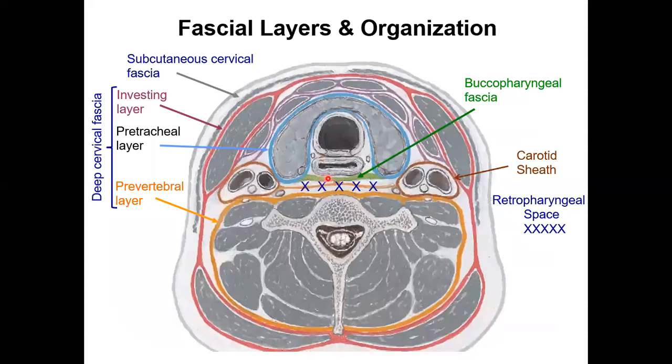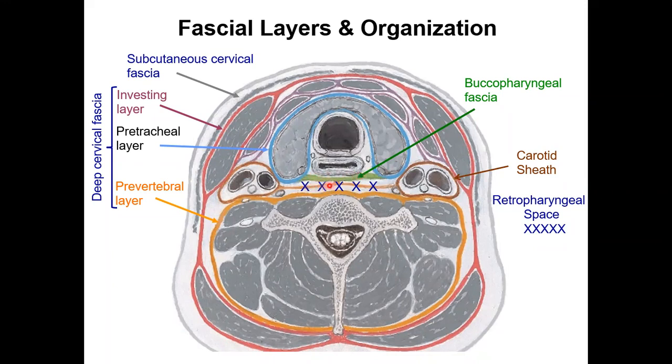So this other piece of fascia that's connecting pretracheal to pretracheal and is posterior to your esophagus, this is your buccopharyngeal fascia. So in order from anterior to posterior, you can see how the green is your buccopharyngeal.